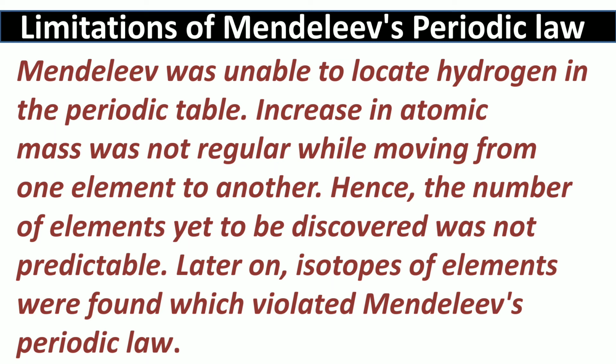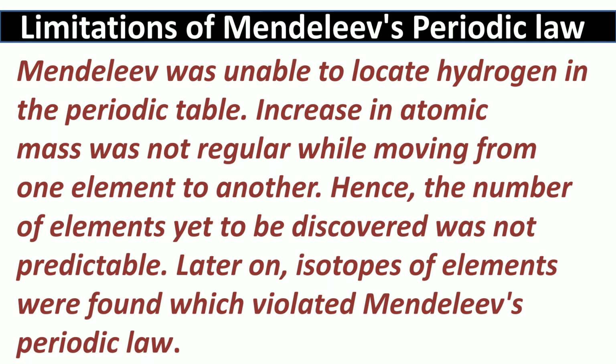And what are the main limitations of Mendeleev's periodic law? Mendeleev's periodic table was unable to locate the position of hydrogen in the periodic table. Increase in atomic mass was not regular while moving from one element to another. Hence, the number of elements yet to be discovered was not predictable.